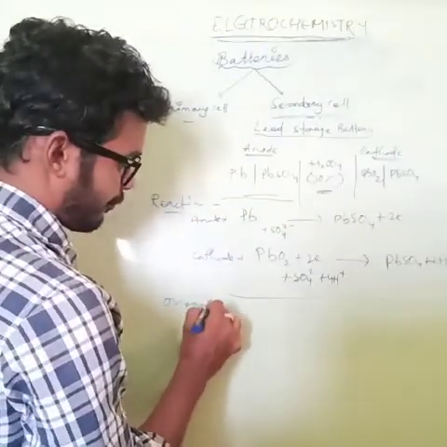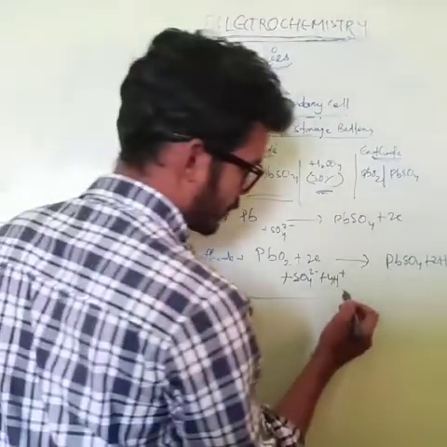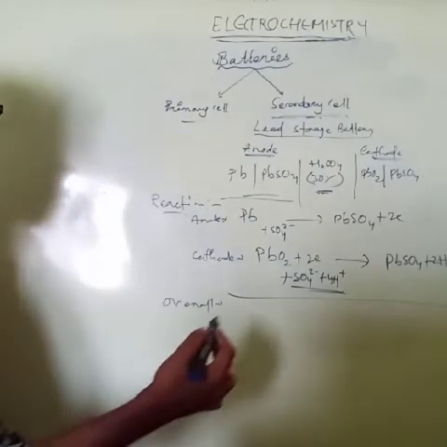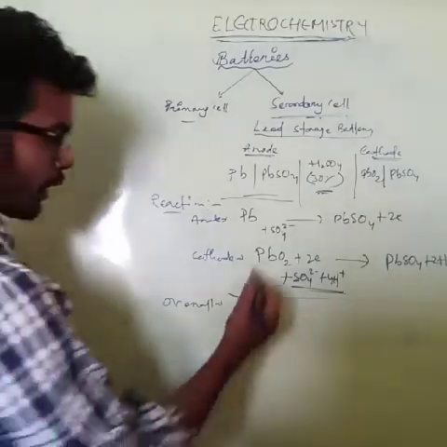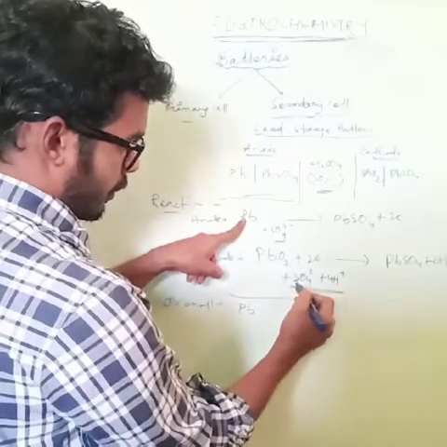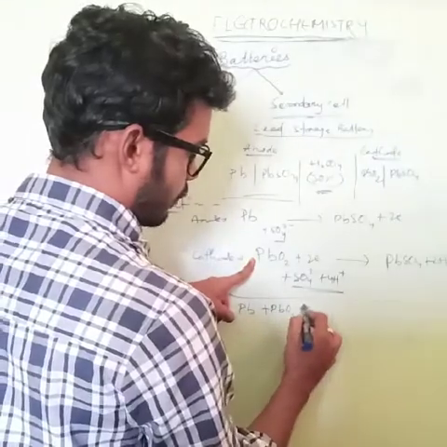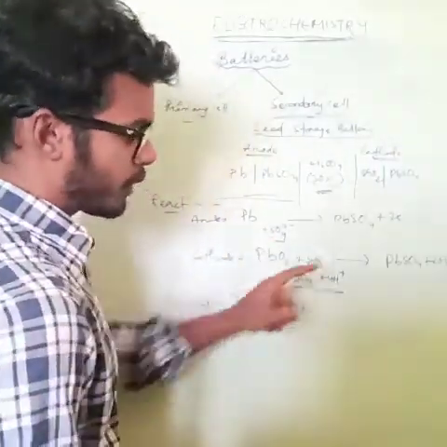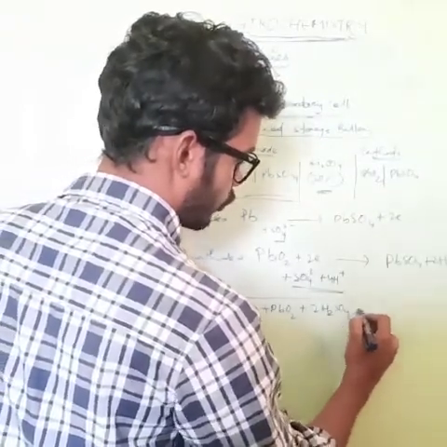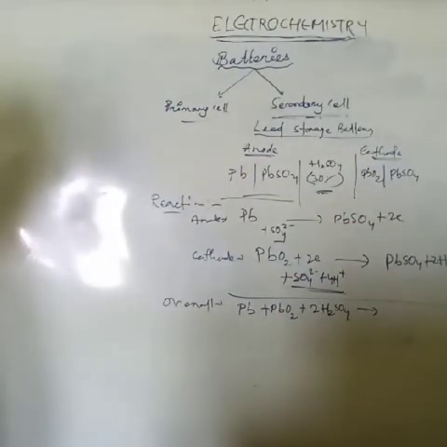Overall reaction, what are you getting? See this 4H plus and this is your H2SO4. So you can write this Pb, this SO4 2 minus and H2SO4 plus PbO2 plus 4H plus means 2H2SO4. Electrons cancel.